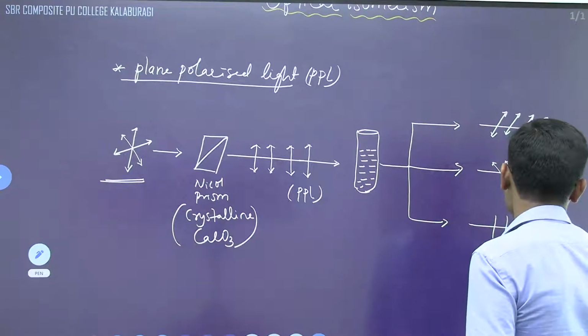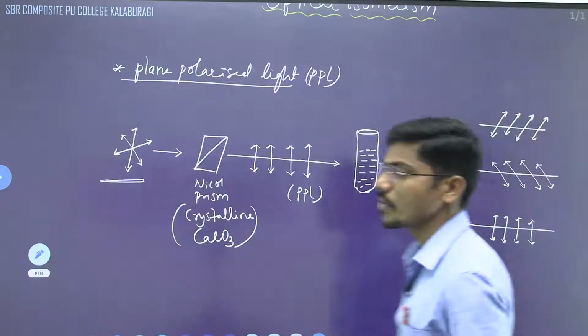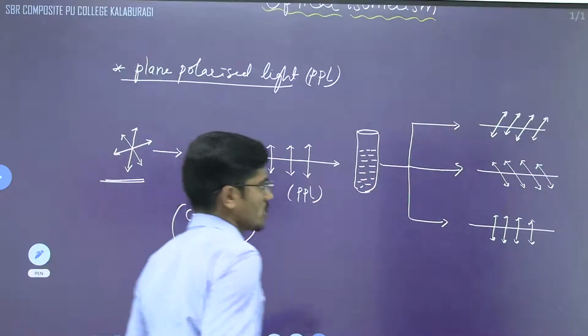It does not rotate the plane polarized light. This depends upon the nature of the compound that we have used in this tube.